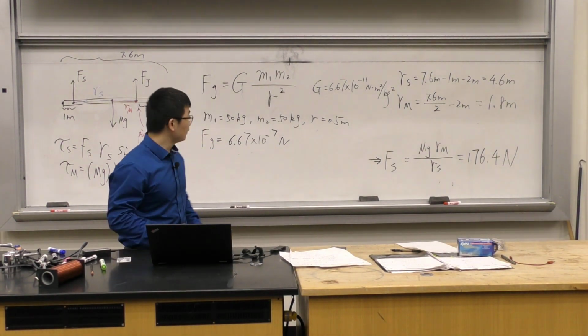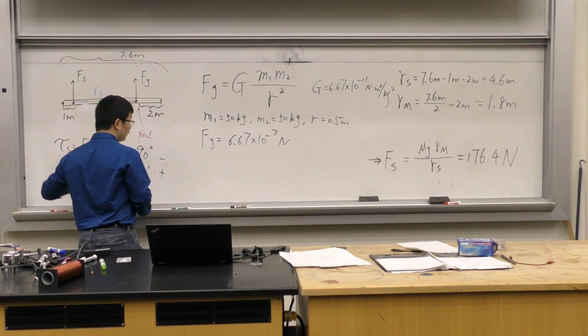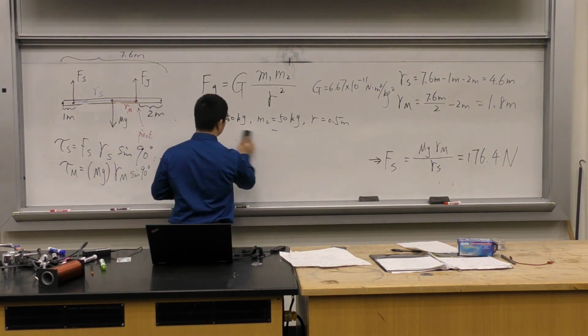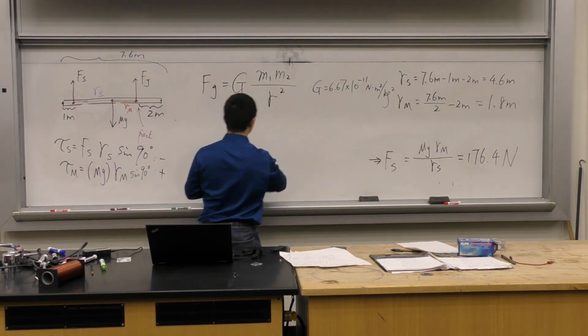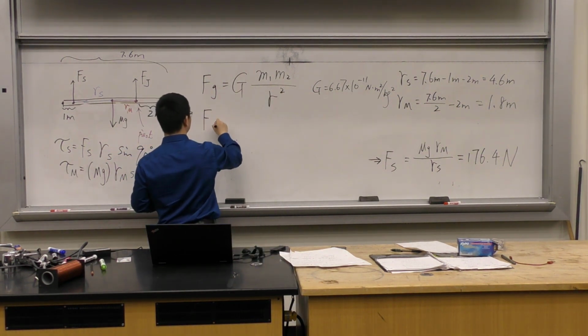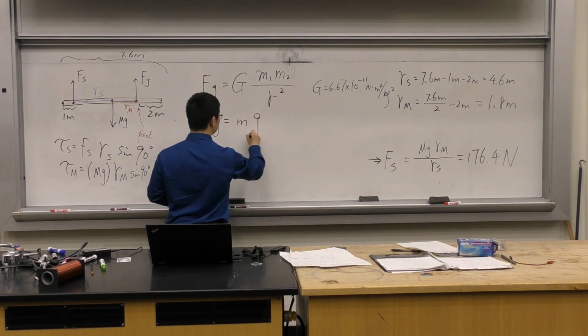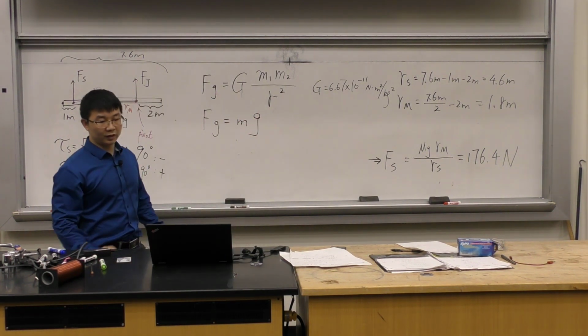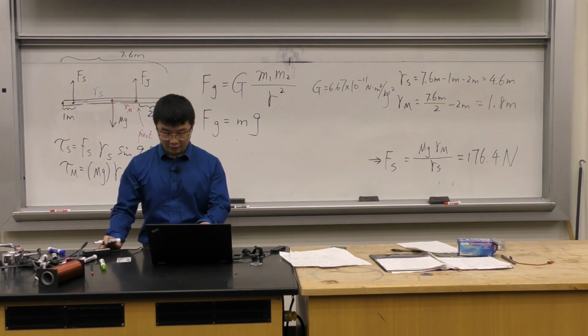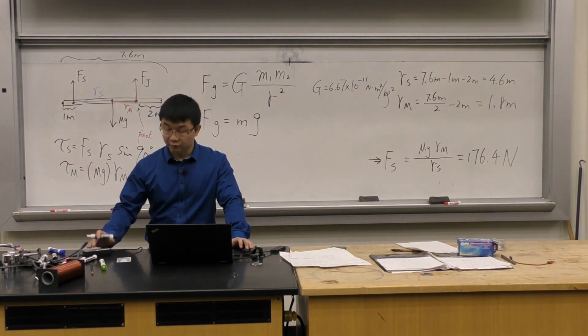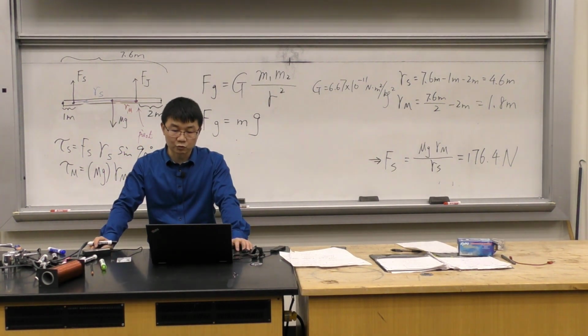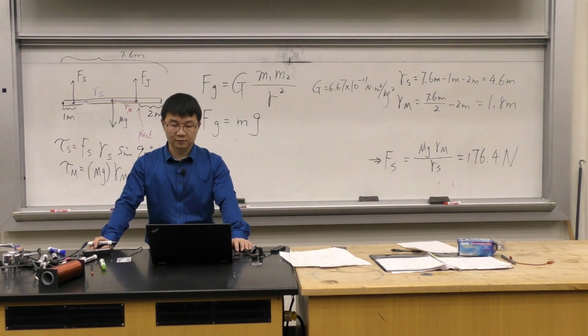All right, then what is the connection between this equation, this universal equation, and the equation we learned before? We have been using this equation, m times 9.8, to find the gravity from the Earth on us. What's the difference between these two equations? That's what we want to figure out next.